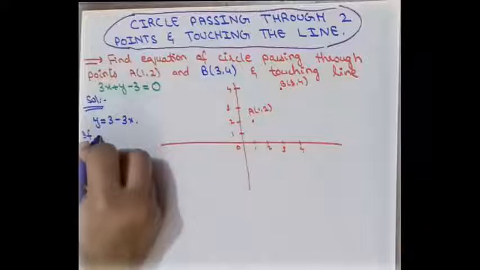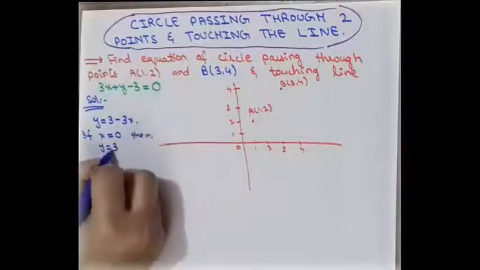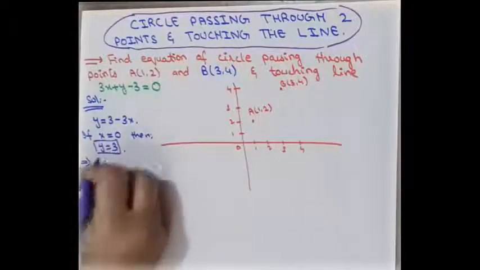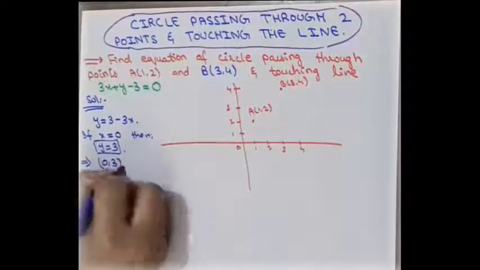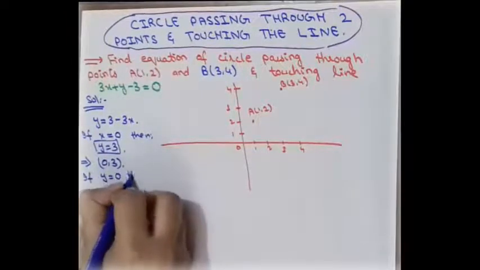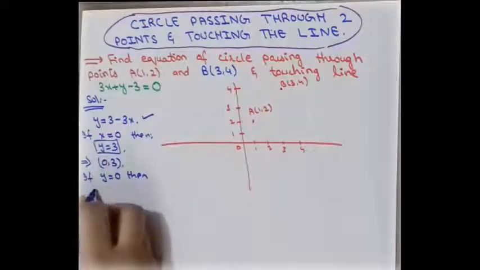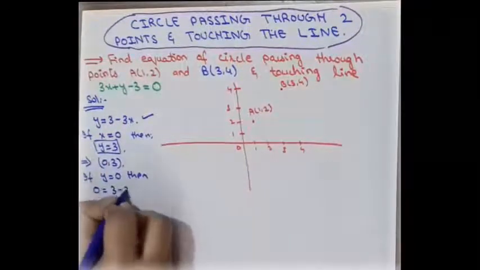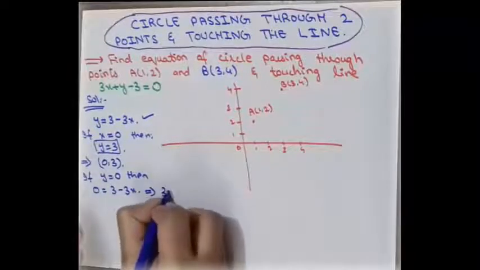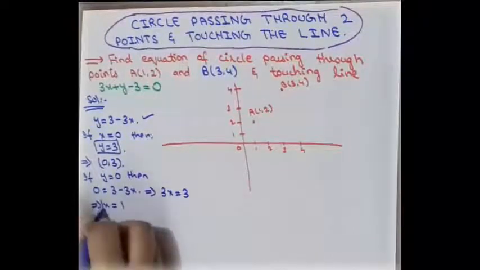If we take x equal to 0, then y is equal to 3, so our first point is (0, 3). And if we put y equal to 0, then 0 is equal to 3 minus 3x. Then 3x is equal to 3 and x is equal to 1.